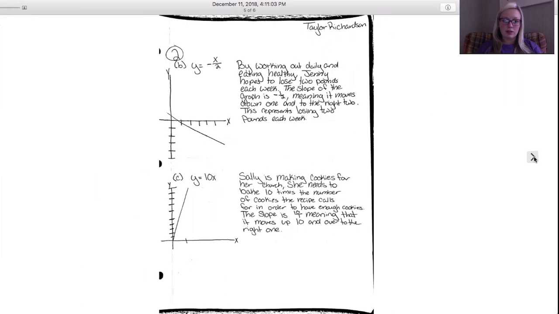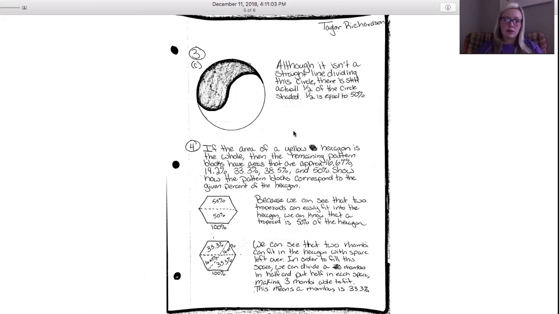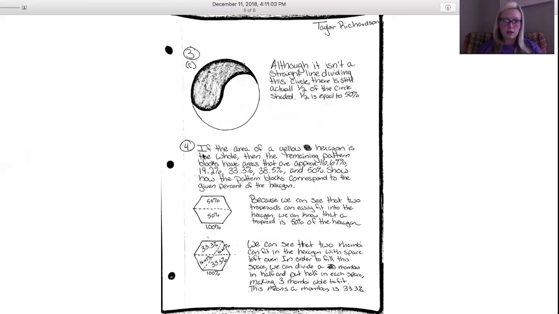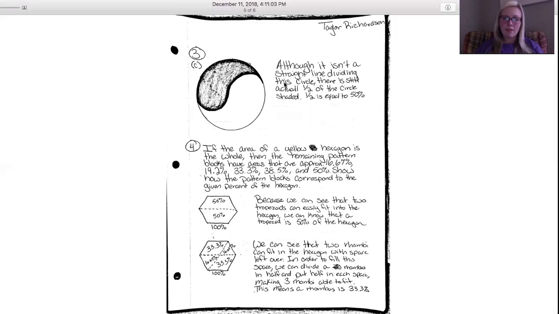And so moving on, here is part C. For that one, here's the circle, and we know this as the yin-yang sign. And you can see I have it shaded here because my printer was broken, so I couldn't print it out nicely.